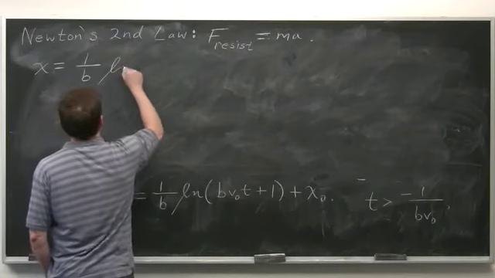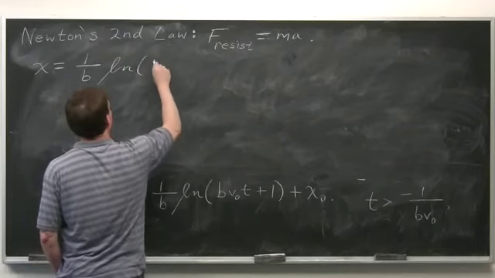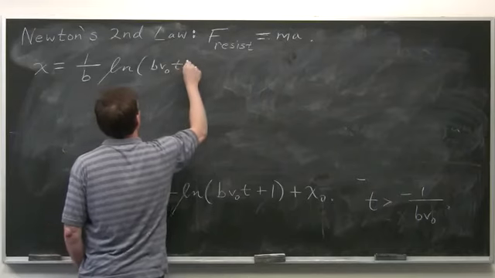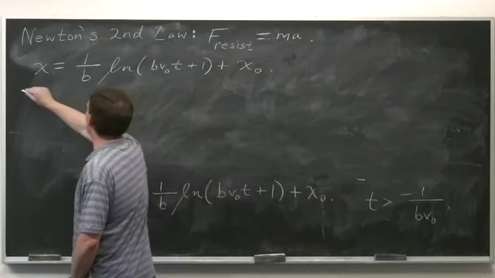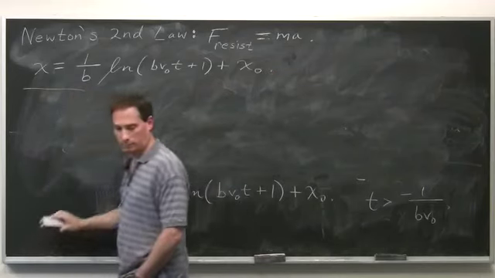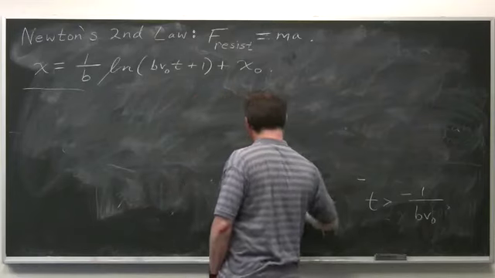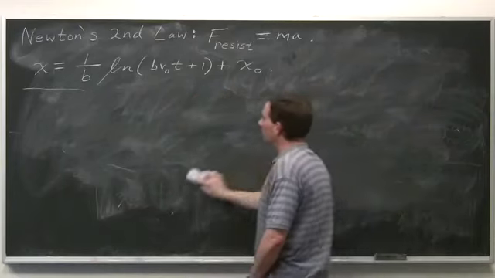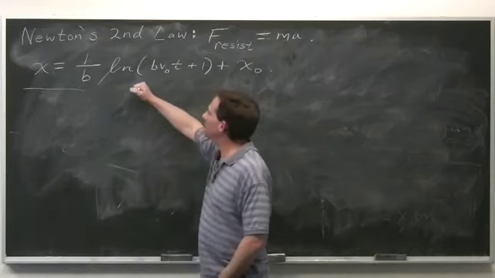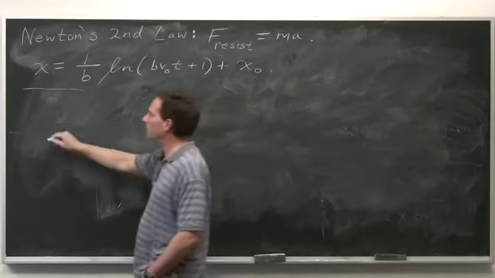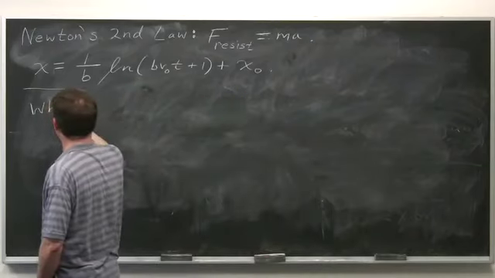So let me write this formula again up here, and then we'll start looking at it. All right. First, if x is given by this, when t is 0, it's easy to see what happens.